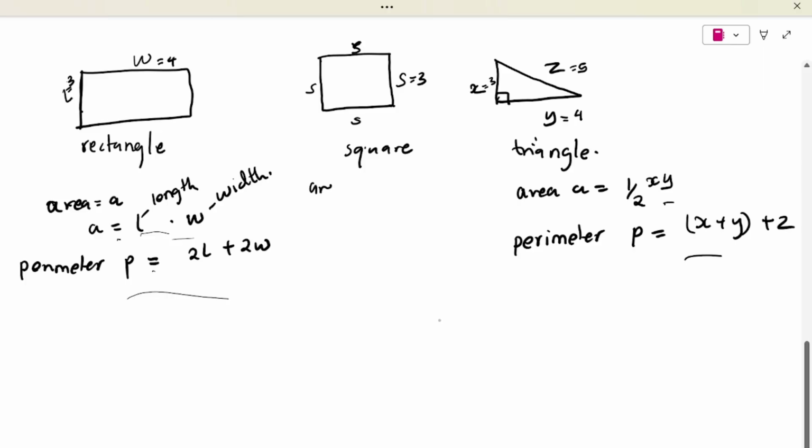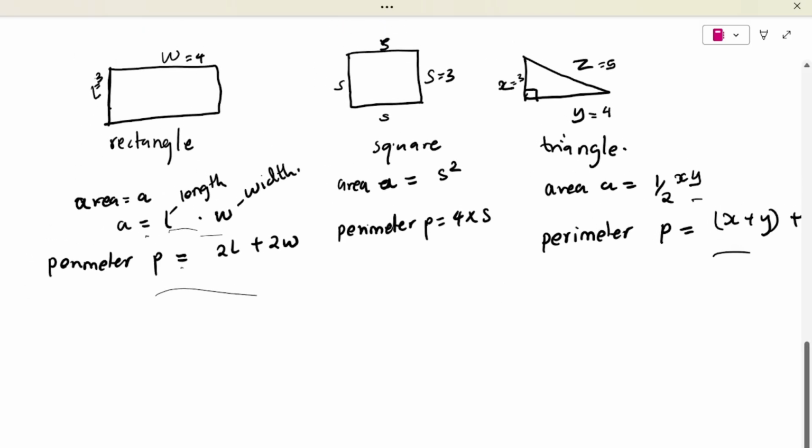When finding the area of the square, area is equal to side squared. The perimeter of the square is 4 times the side. So I'm going to solve one example for area and one for perimeter for each shape.